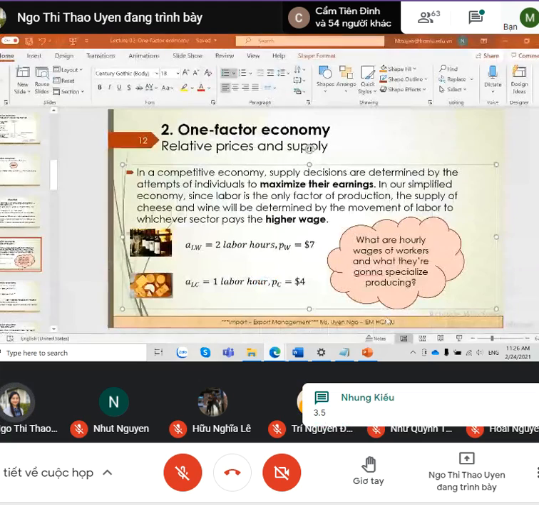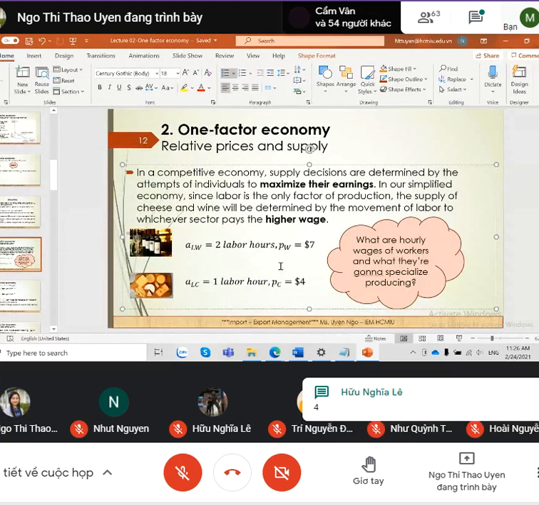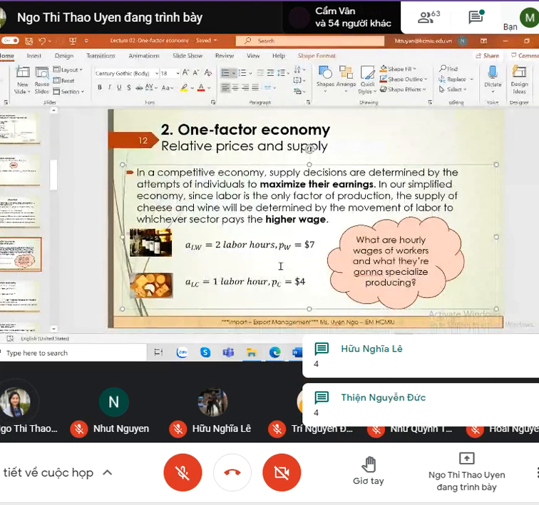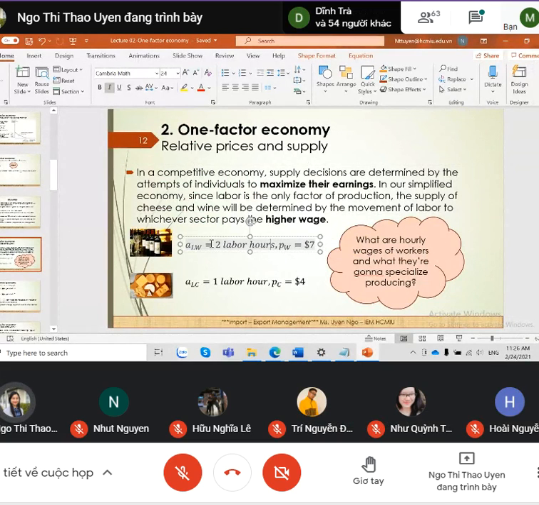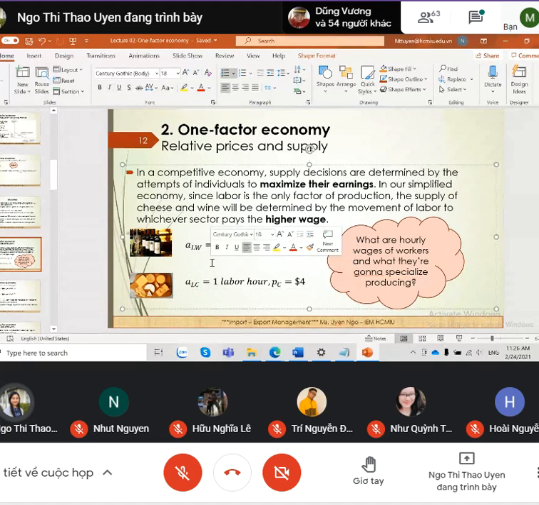3.5. True. How about cheese? 4. So the wage of cheese labor is 4. The wage of wine labor is 3.5. And in the competitive economy, we assume that our economy is perfect competition.